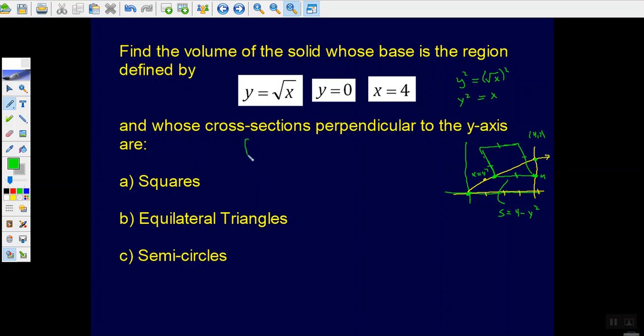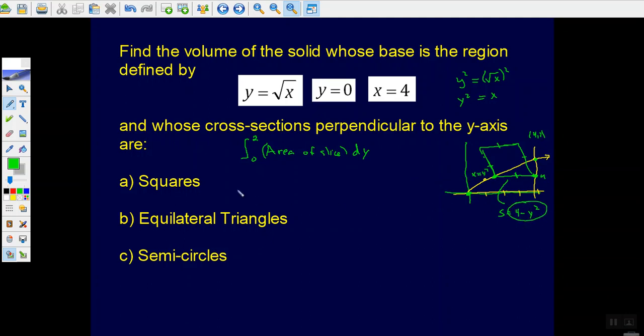These will all be integrals from 0 to 2, and this is now the area of a slice, but it's going to be in the y direction, with respect to y this time. And so notice that our dimensions in this are perpendicular to the y-axis, and they're functions of y.